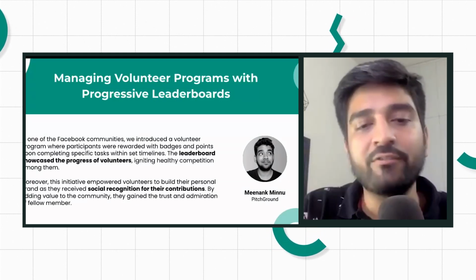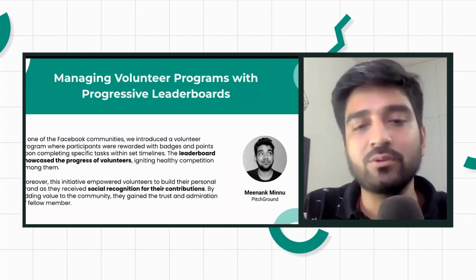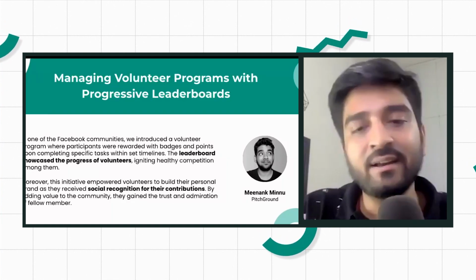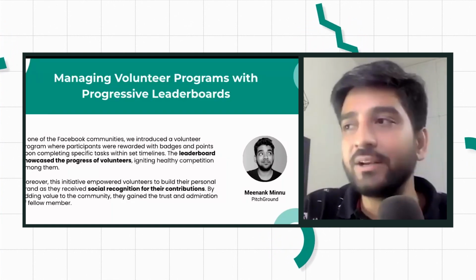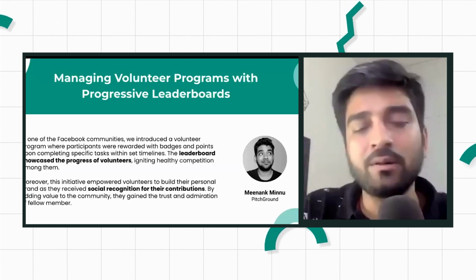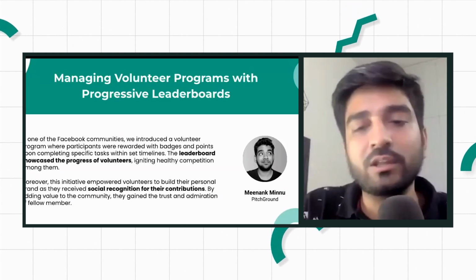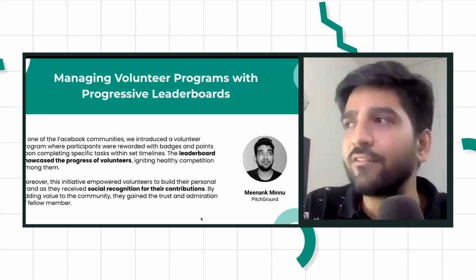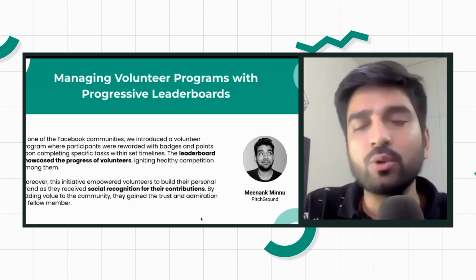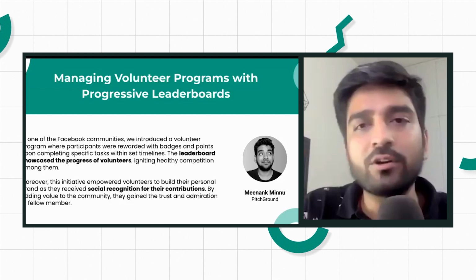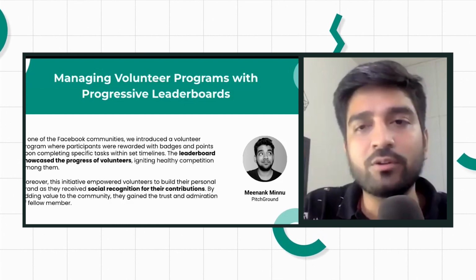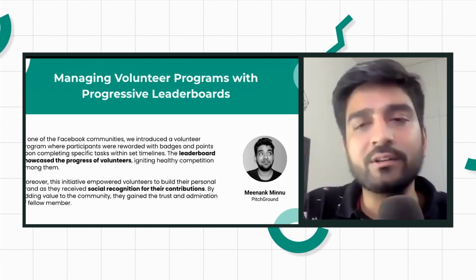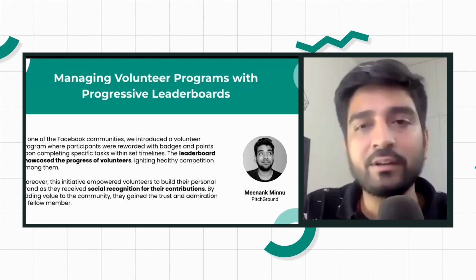They also gave these volunteers social recognition, and again ability to get access to certain people, which generally these people would love to have. So the takeaway for me here is not only think of leaderboards for your members, but think of leaderboards for different stakeholders, including, let's say, volunteers in your community.